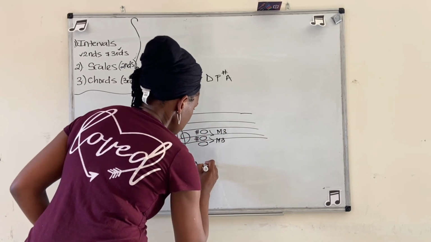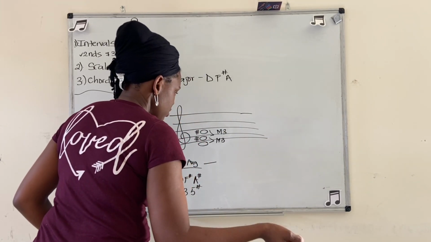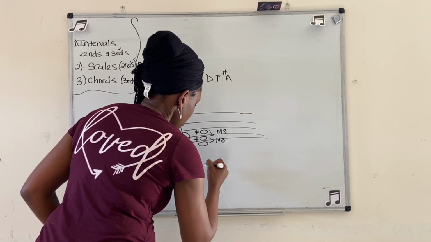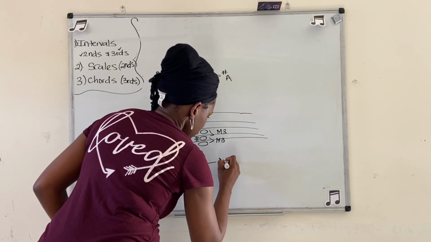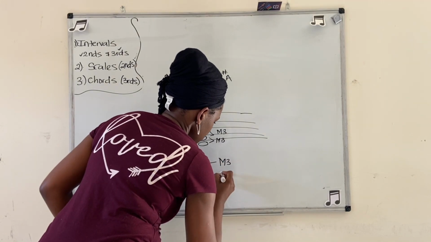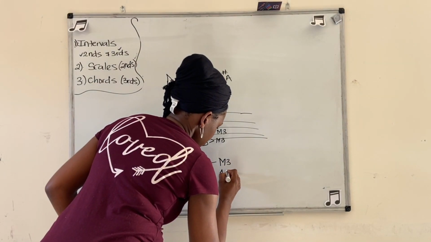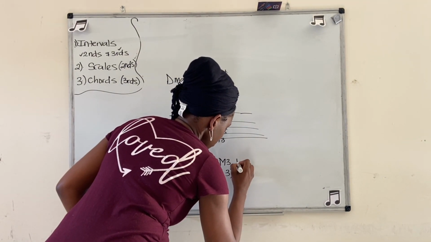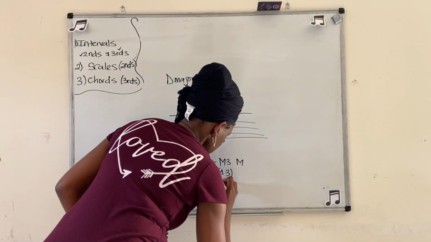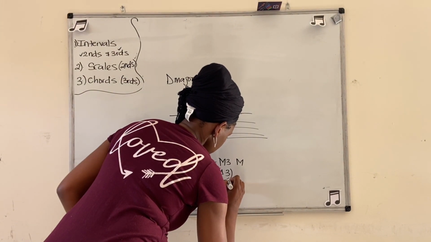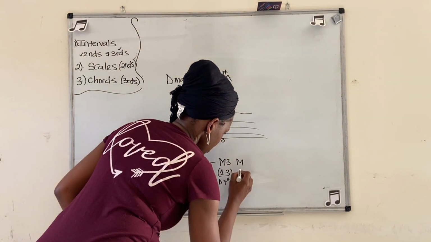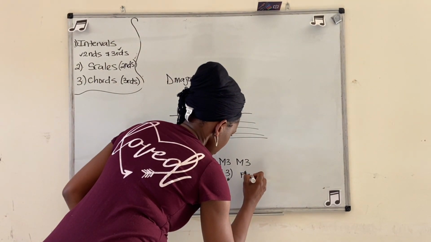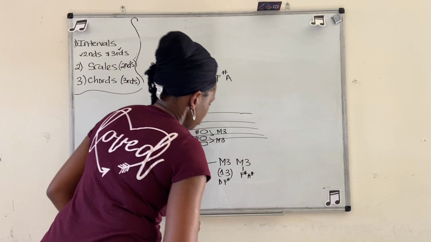And to conclude, just as we saw in the first example, our augmented chord will have a major third from D to F sharp, and from F sharp to A sharp is going to be another major third.